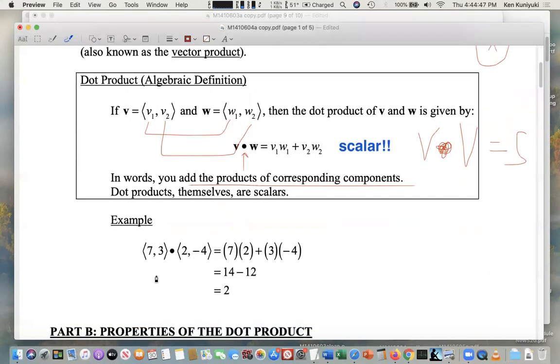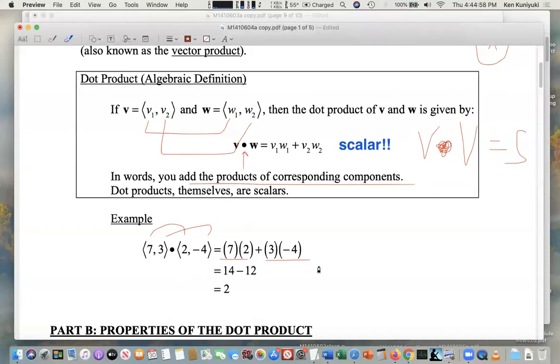Okay, so for example, how do we take the dot product of 7 comma 3 and 2 comma negative 4? Well, it's 7 times 2 plus 3 times negative 4. In fact, when I work out dot products, I find it easier to do the products in my head and write them down, and then perform the addition, or in this case, ultimately, the subtraction. Because personally, I often miswrite things when I try to write down a product as 7 times 2. But either way, if you help yourself by writing this all out, that's fine.